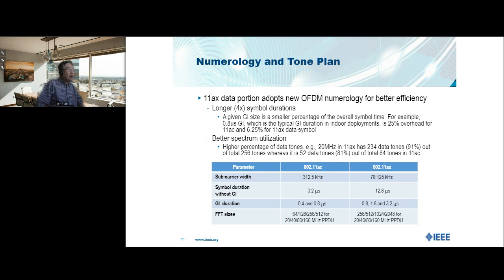then the subcarrier width, as we show in the table here, shrinks from 312.5 kHz to 78.125 kHz in 11ax.